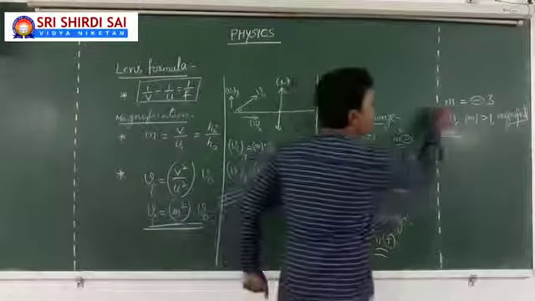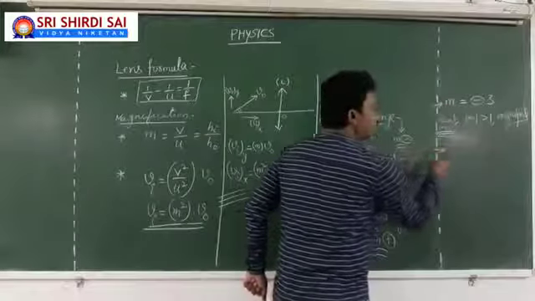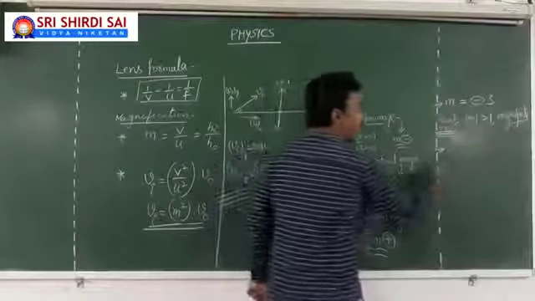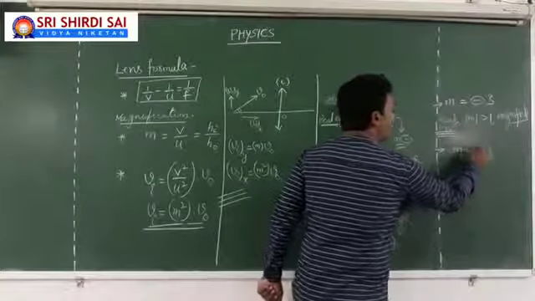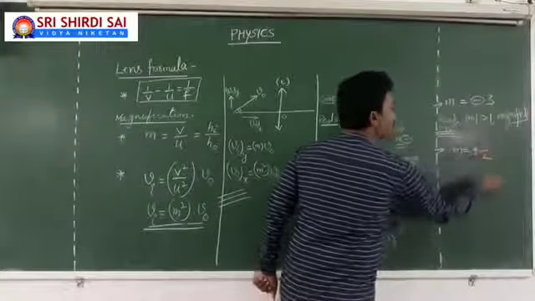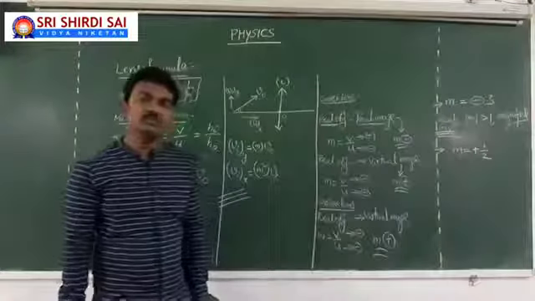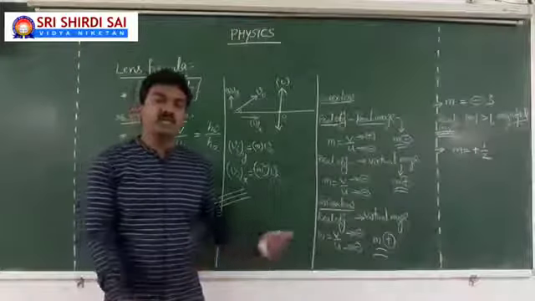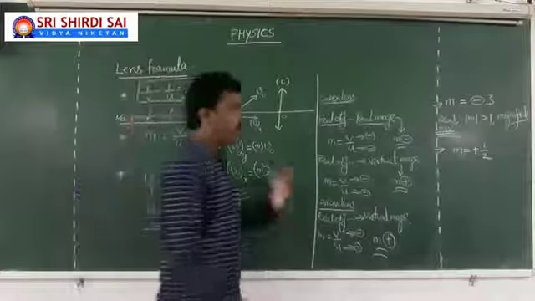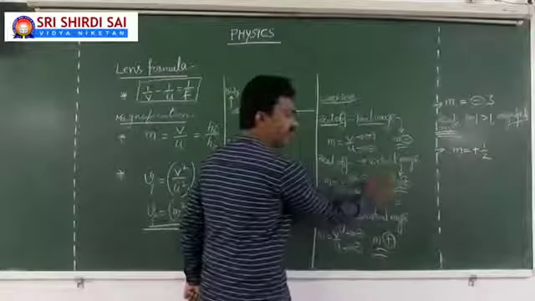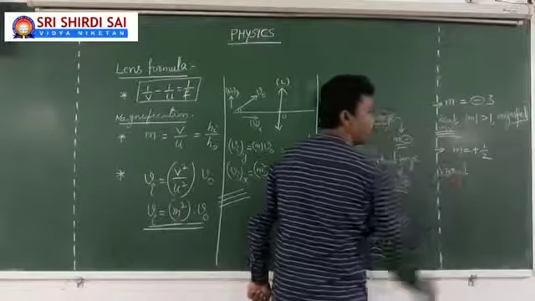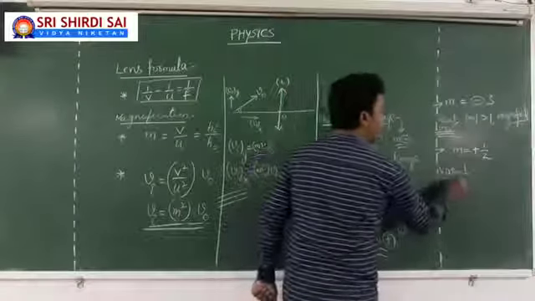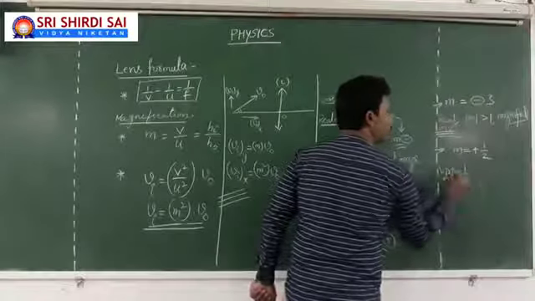Fine. One more example to get more clarity on this. If the magnification M equal to plus 1 by 2, then what can you analyze from that? Whenever magnification is positive, immediately you can write virtual image. Whenever the image is virtual, it is erect, of course.